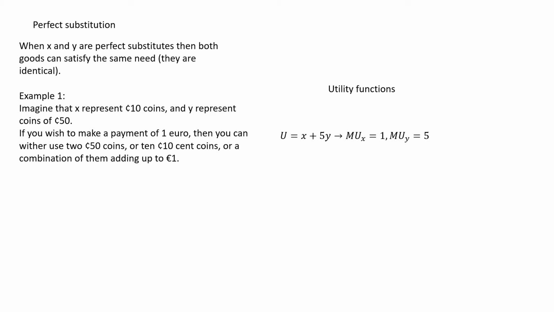And, as I told you before, the marginal utilities in this case are just constants. The marginal utility of X is 1, and the marginal utility of the 50-cent coins, Y, is 5. The marginal rate of substitution, which is going to be the slope of this indifference curve, in this case indifference line, is constant, minus 1/5.